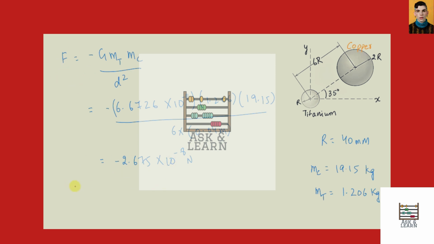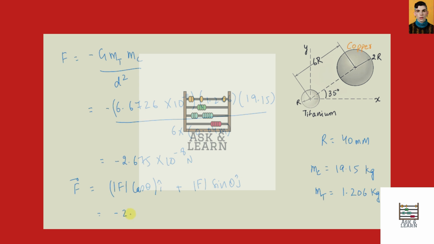We can also calculate the force in vector components. So it will be equal to the magnitude of force times cosine theta i cap plus the magnitude of force F times sine theta j cap. And now we can plug the values here.